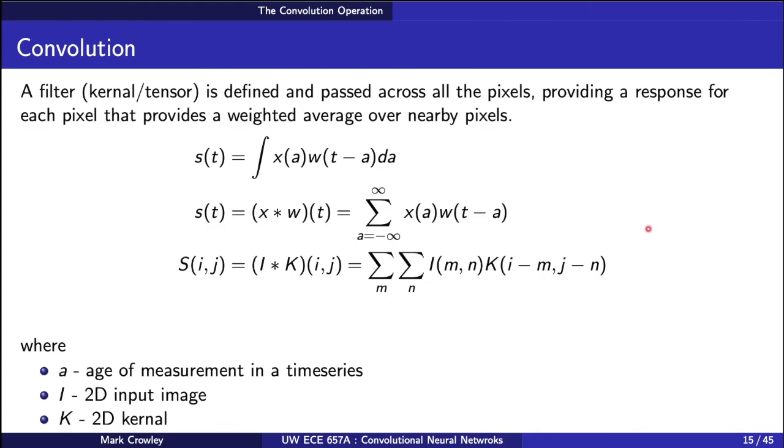This next one is clearer. So here the input image is I, and K is our kernel.